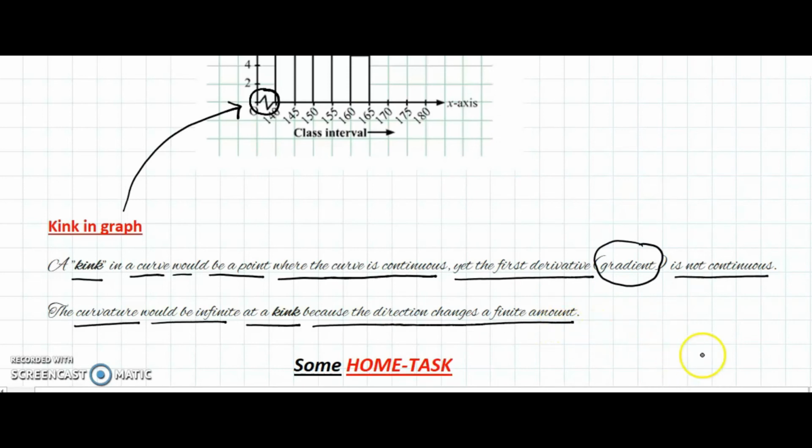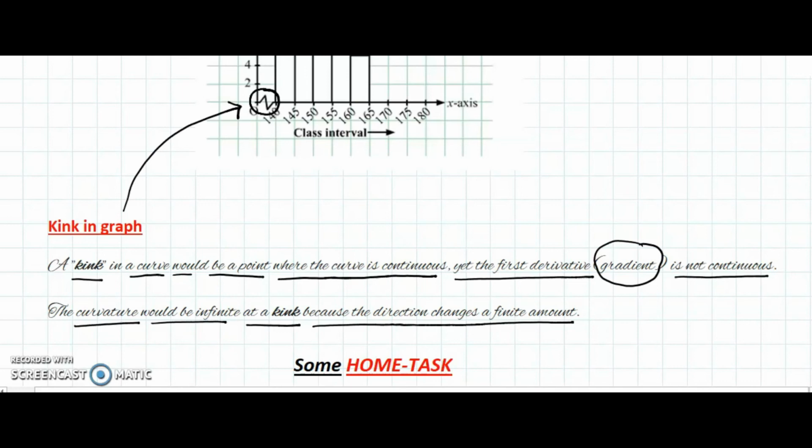After the KINK line, it will be a continuous histogram representation on the graph paper. So I am sure you have understood how we can represent a histogram with the help of the KINK line, as well as a simple representation of a histogram on the graph paper.